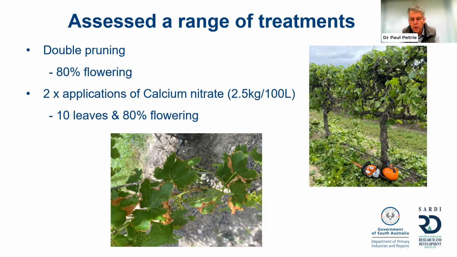The calcium nitrate didn't have that much of a burning effect. It certainly scorched the edge of the leaves, as you can see in the photo at the bottom, and it burnt some of the inflorescences. But it checked the canopy growth, or reduced the canopy growth, and you can even see that later in the season, but it didn't burn the whole canopy.